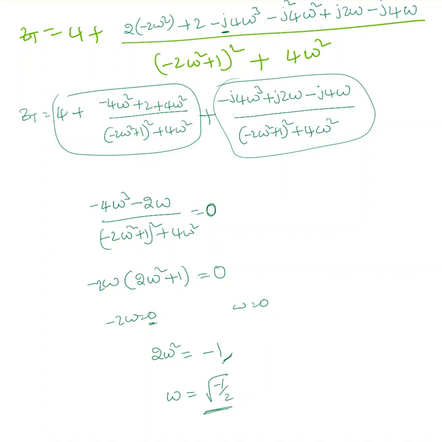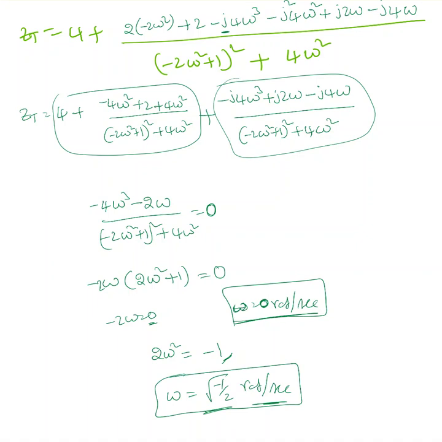For the time being I'm going to take this as the answer in radians per second, but in reality there is no resonant frequency for this circuit, or I would say 0 is the actual resonant frequency for this circuit. This is the answer, omega equal to 0, even though I have another answer, omega equal to the square root of minus 1 over 2, which is an imaginary number, and omega naught can never be an imaginary number.